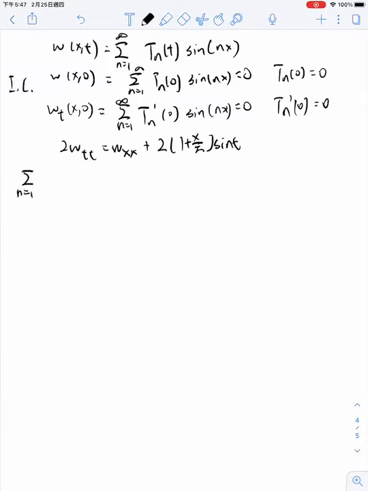And then we move the second term directly to the left hand side, and we'll get T_n'' plus n squared T_n is equal to, because on the non-homogeneous part we use the eigenfunction expansion, and then we substitute the result into that part.